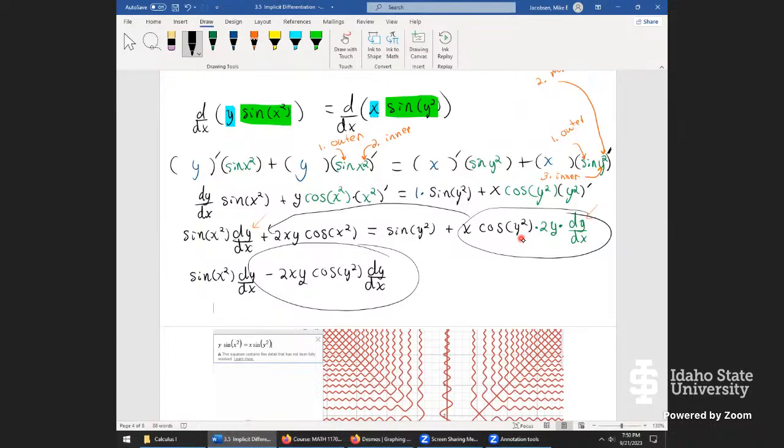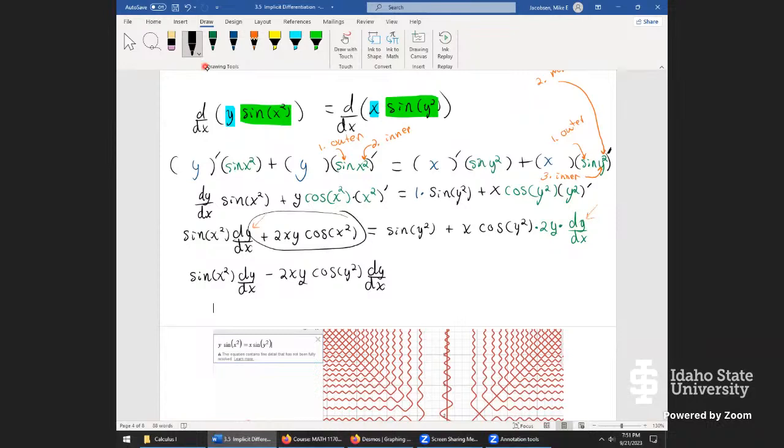Okay. Easiest mistake to make at this stage of the work is just not copying something, because there are tons of variables and constants and signs. So it's good to be really methodical at this stage. Next thing I'm going to do is subtract that from both sides of the equation. So sine y squared is going to stay put right where it's at.